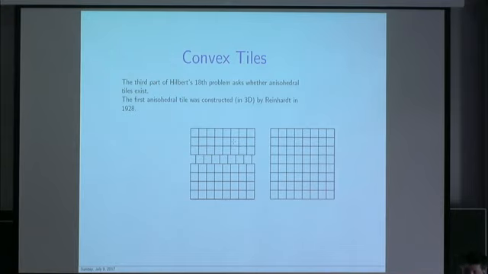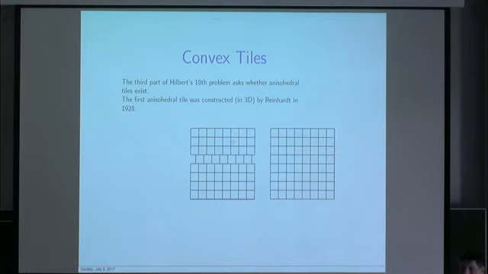So a counterexample, an anisohedral tile, was found by Reinhardt in 1928. And Reinhardt, you can tell, really had a mission from the time he was a graduate student to solve this problem. He was Hilbert's mathematical assistant for a while when he was a graduate student. His advisor was Bieberbach, who solved the first part of Hilbert's problem.